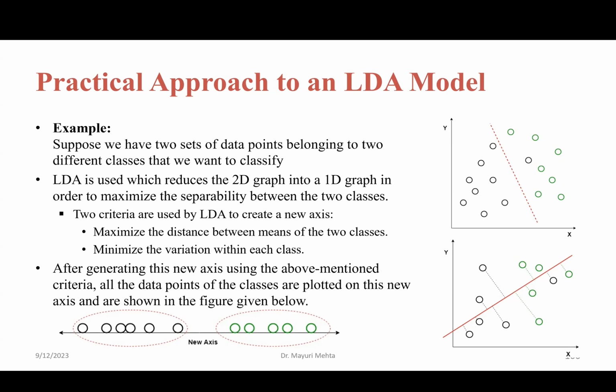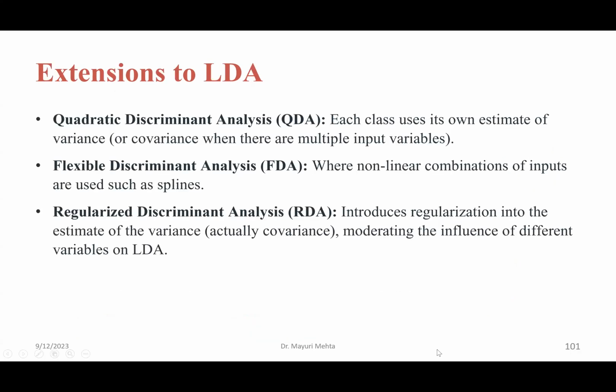Right? So this is linear discriminant analysis. These are the extensions of linear discriminant analysis. Three extensions are there: quadratic discriminant analysis, flexible discriminant analysis, and regularized discriminant analysis. Just for your information, I have included the extensions. Quadratic discriminant analysis means each class uses its own estimate of variance.